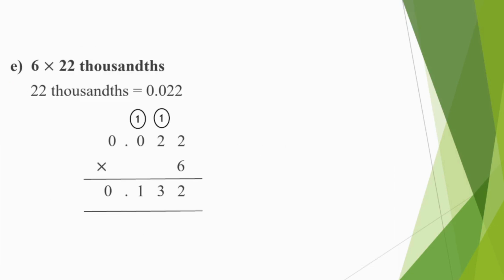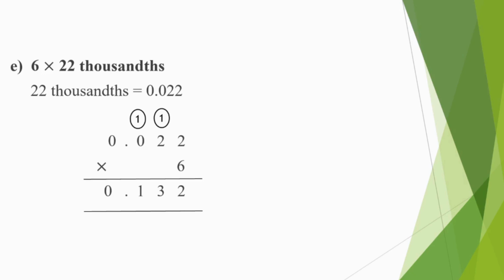6 multiplied by 22 thousandths. 22 thousandths is equal to 22 over 1000, which is equal to 0.022. There are more digits in 0.022, so I write it first and 6 as the multiplier.